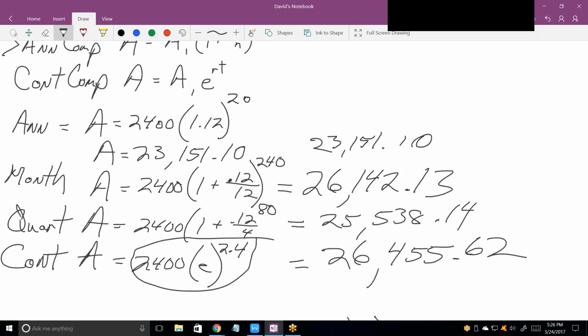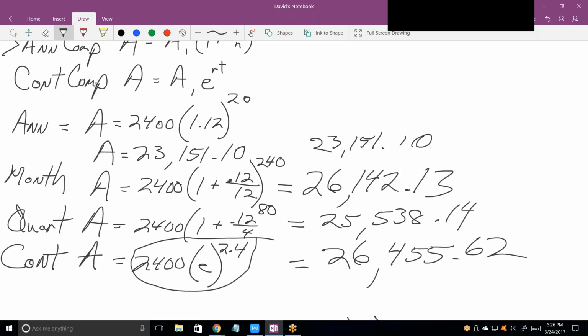And by that I mean if you have bacteria multiplying in a petri dish, it's going to be continuous compounding. If you have radioactive plutonium that is decaying in a petri dish, you have continuous decay, where R is merely negative. Every process in nature is continuous in form.